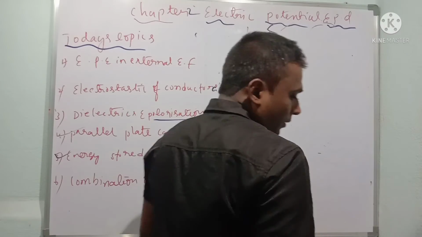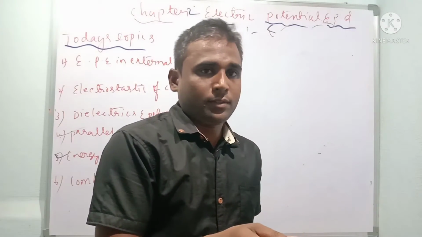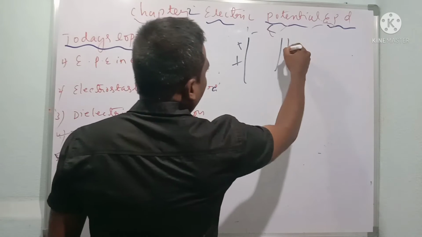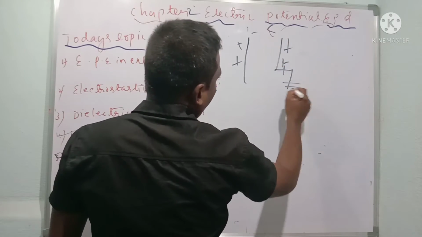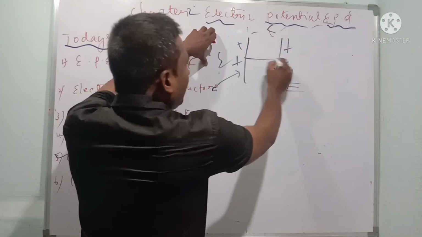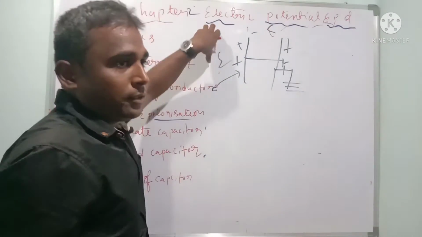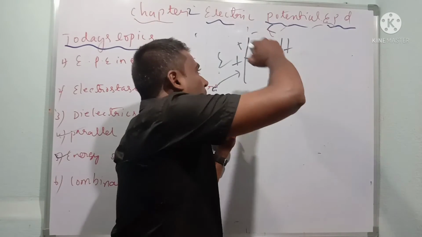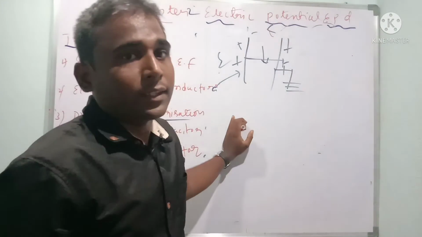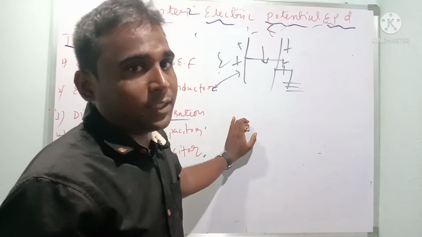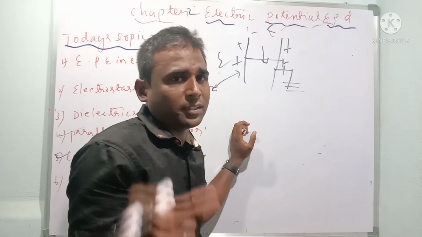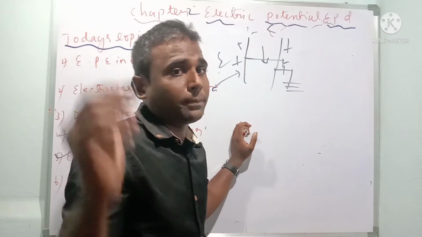Children, if I take two plates, connect one to earth, and supply the electric field, then when they are charged, energy is stored in the form of electrical potential energy. That is called energy stored in the capacitor. After charging, some amount of energy will be stored in the capacitor.